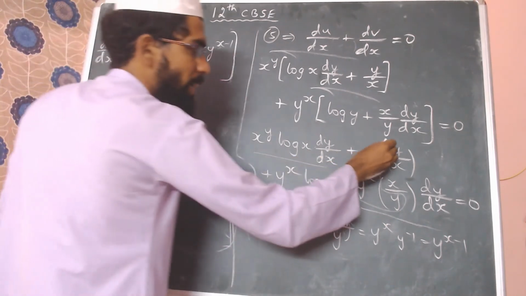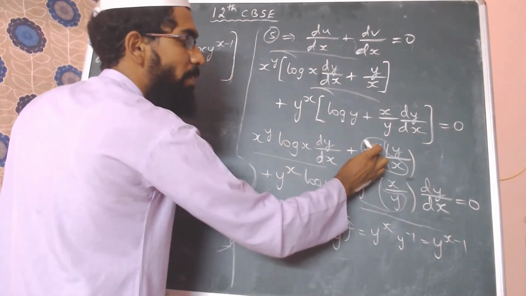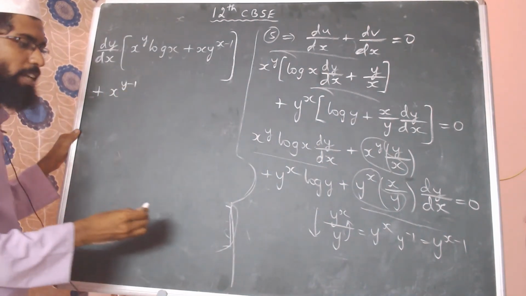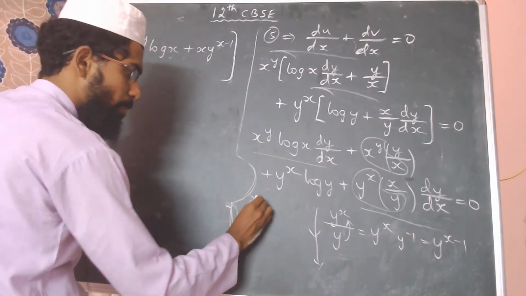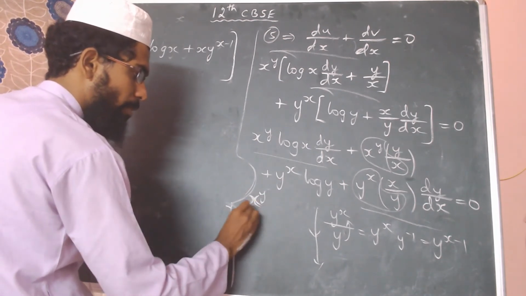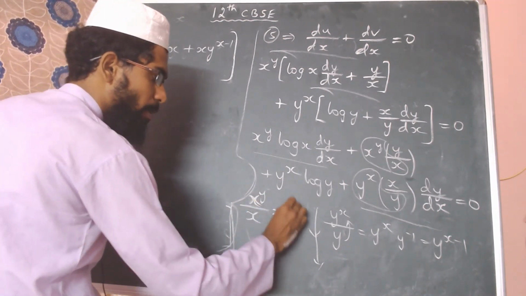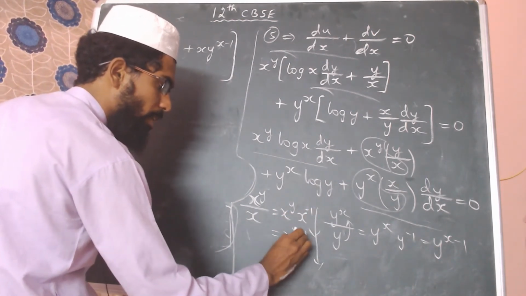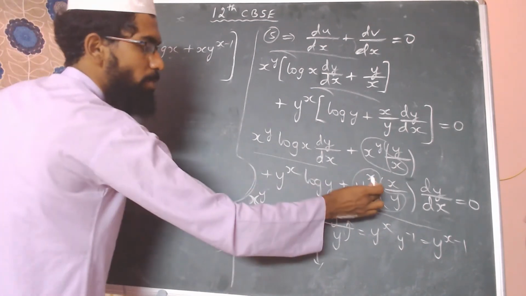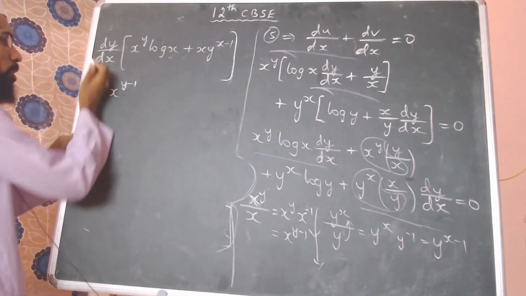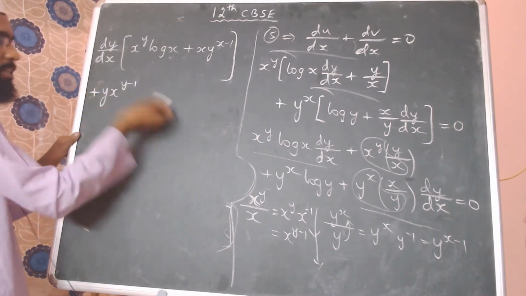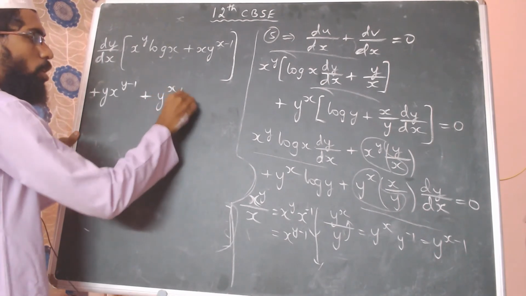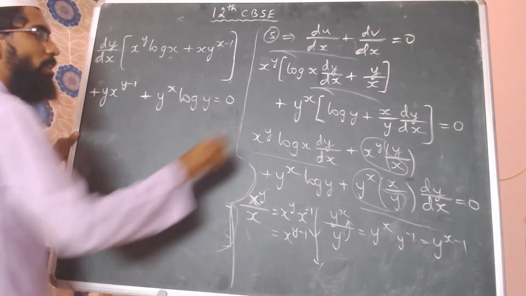Here also, with the same logic, I can write x power y by x as x power y into x power minus 1. So I can write it as x power y minus 1 into y, or plus y into x power y minus 1, plus y power x log y equal to 0.